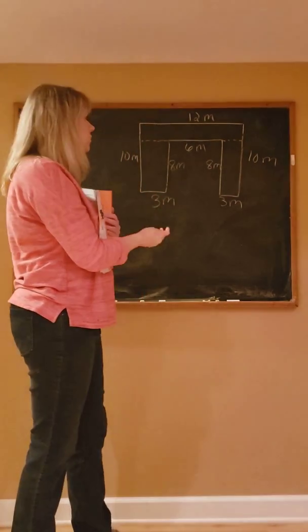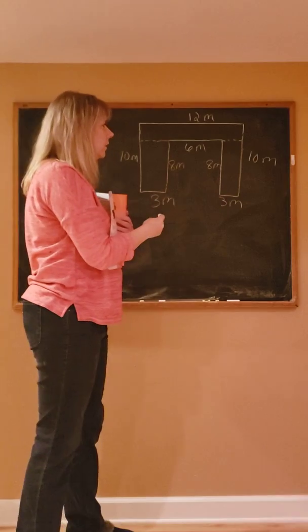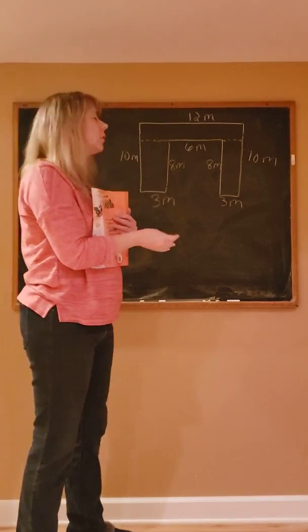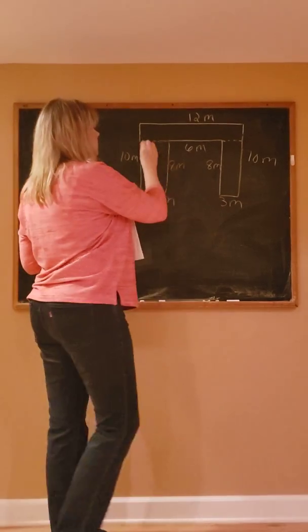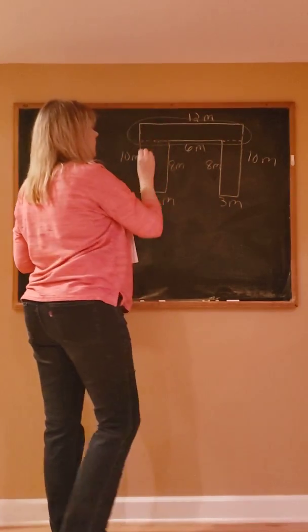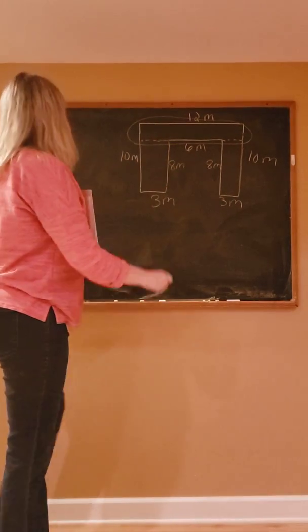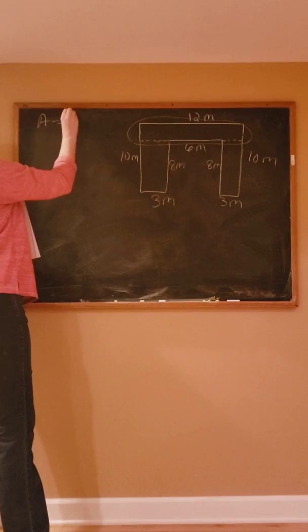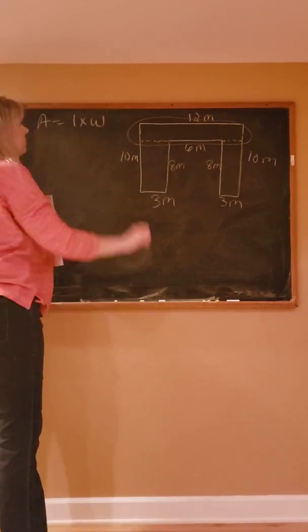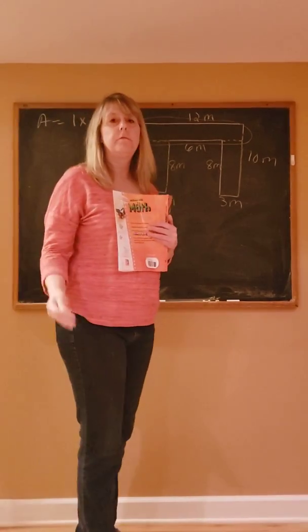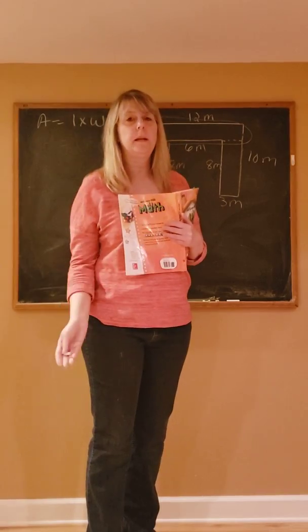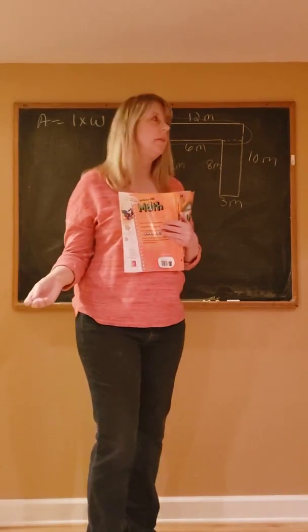You have to make sure that you have all of your sides labeled correctly. So I'm going to start with this first rectangle on the top. All right, so remember my formula, area equals length times width. I'm going to find length times width for 3 different shapes, add them together.